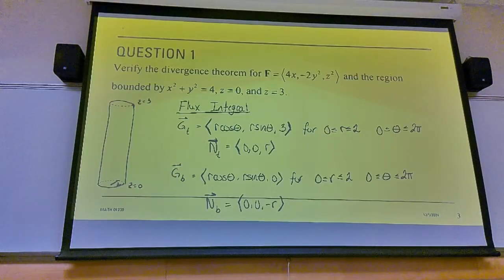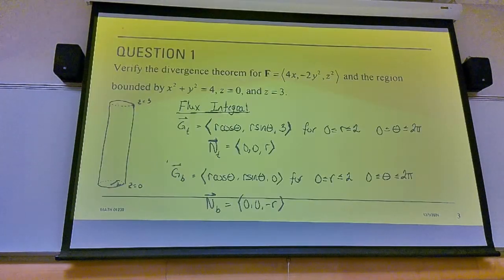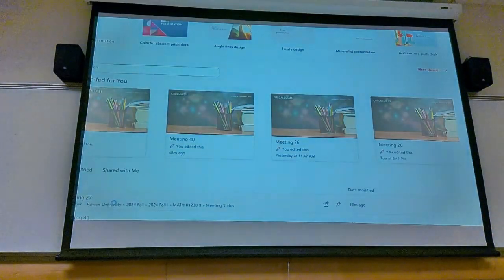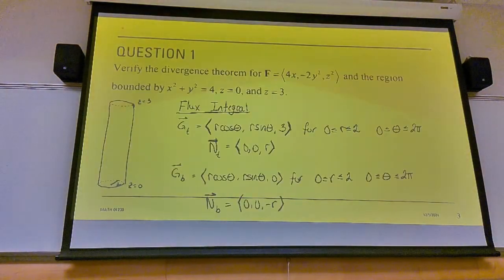Four R cosine theta, minus 8R squared sine squared theta.